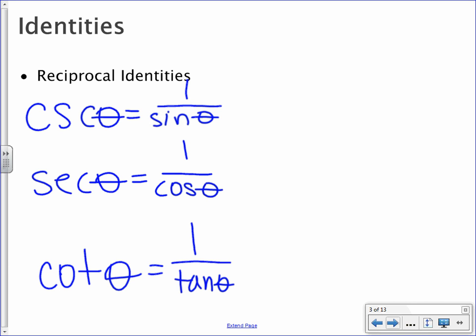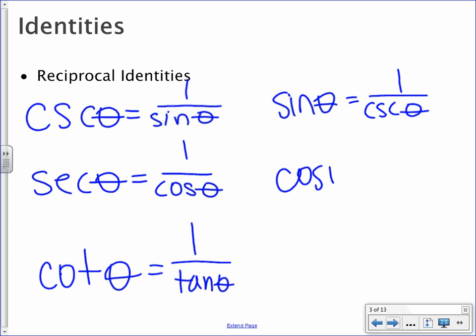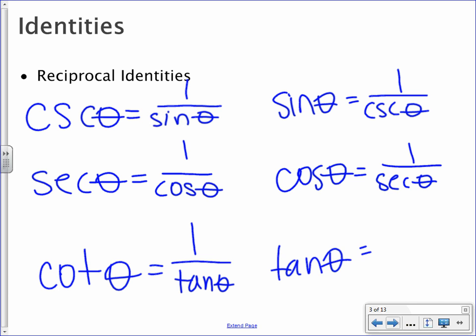They're the reciprocal identities. And because these hold true, we can also say that the sine of theta is 1 over cosecant, the cosine of theta is 1 over the secant of theta, and the tangent of theta is 1 over cotangent.